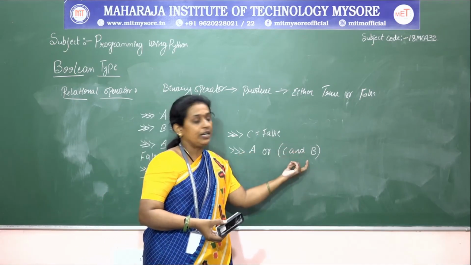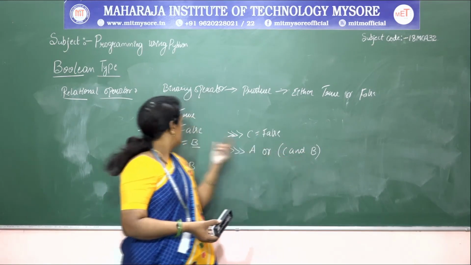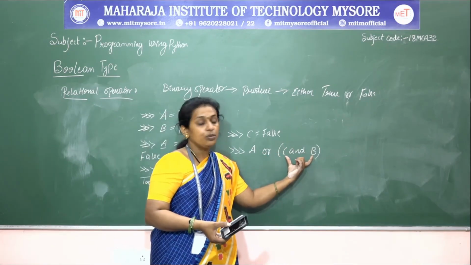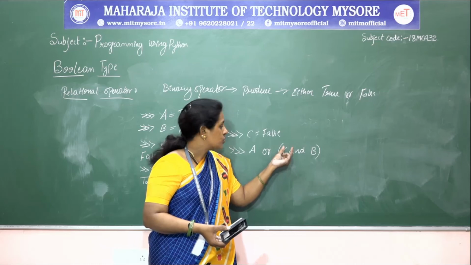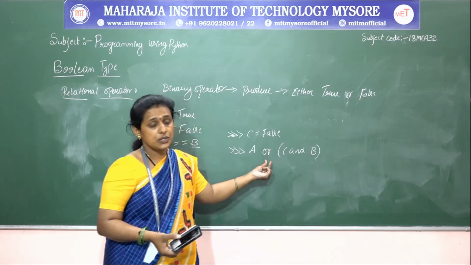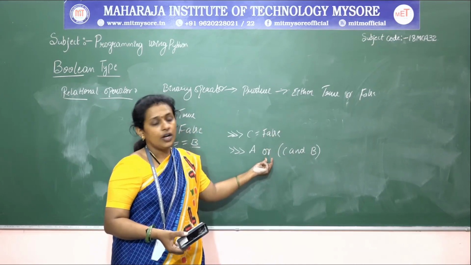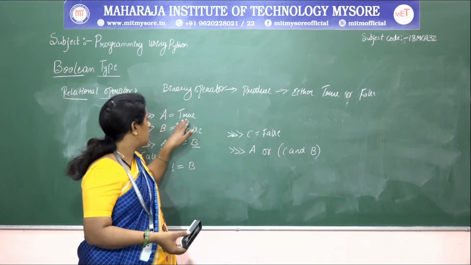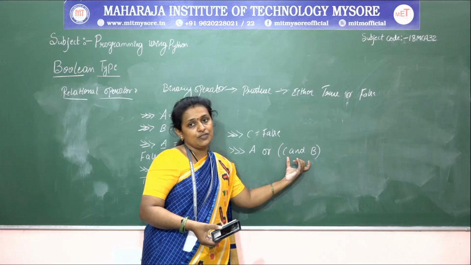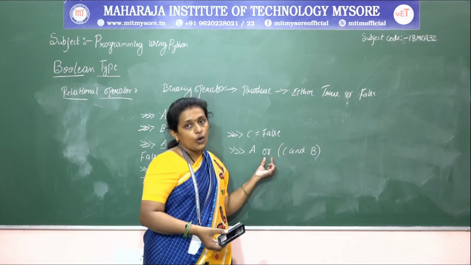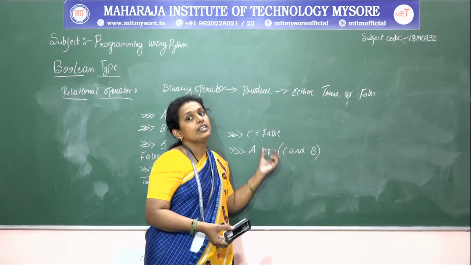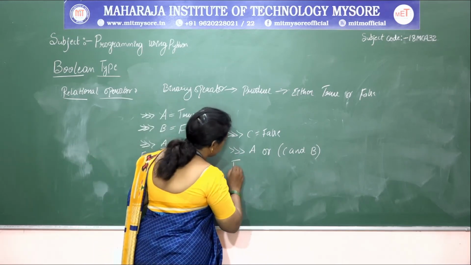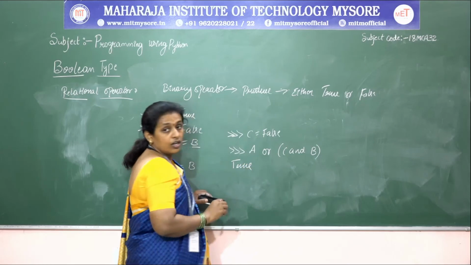When the AND operator has false, both C and B having a false value, we will get the output as false. So that will be passed to the operator OR, and it is going to compare. Here A value is true and this expression value is false. So in the OR operation, either of the operands is true, so we will get the output as true.